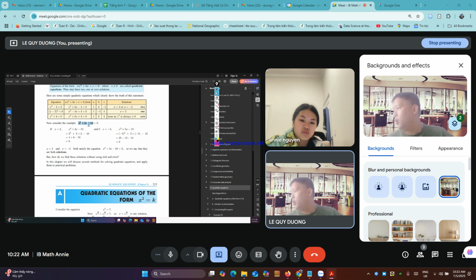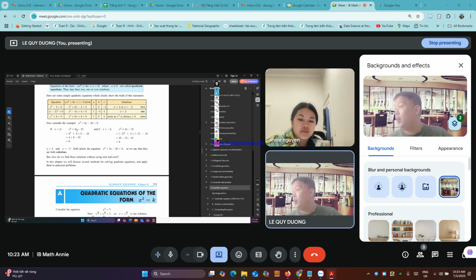So we have the equation x squared plus 3x minus 10 equal to 0 here, and they want to solve it just by substituting x equal to 2 and x equal to minus 5.